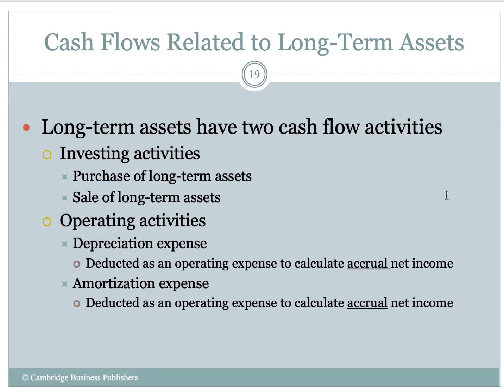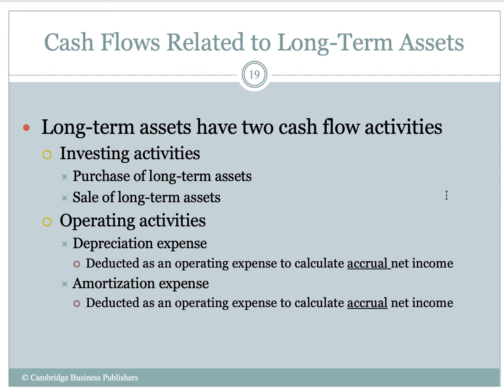Okay. So then what we need to do is look at any long-term assets, right? For any long-term assets, we really have two cash flow activities, okay? We have the investing activities, actually buying that piece of equipment or selling that piece of equipment. And then we have operating activities that are associated with those revenue producing assets. Things like expenses, right?